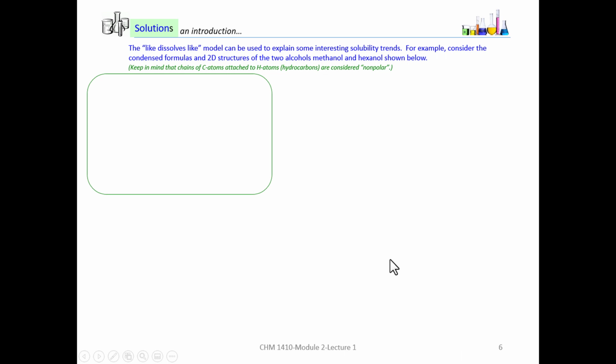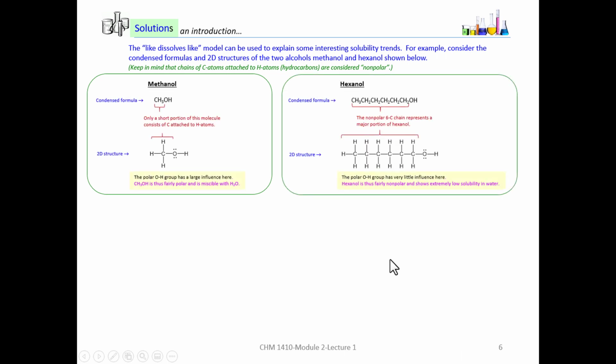Now keep in mind in these diagrams that chains of carbon atoms attached to hydrogens, hydrocarbons, are considered nonpolar. I mentioned that on the previous slide. So let's look at methanol. It's a simple molecule. The condensed formula shows just a very short portion of it has carbon attached to hydrogen. Here's the two-dimensional Lewis structure.